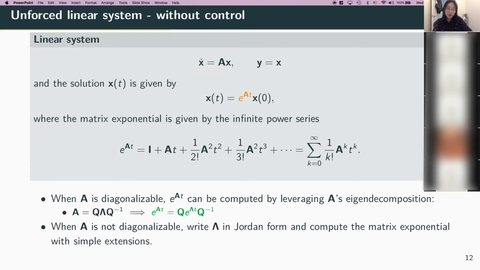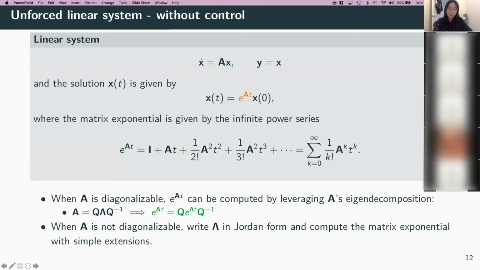So fortunately, when A is diagonalizable, we can actually compute this matrix exponential by leveraging A's eigendecomposition. With eigendecomposition, we can write A as the product Q lambda Q inverse, where the columns of Q are just A's eigenvectors, and lambda is a diagonal matrix with the corresponding eigenvalues.